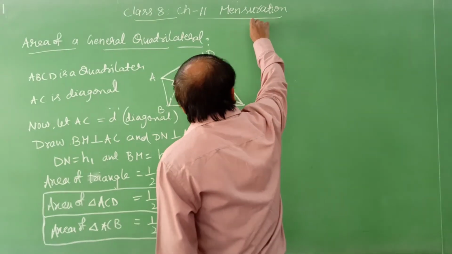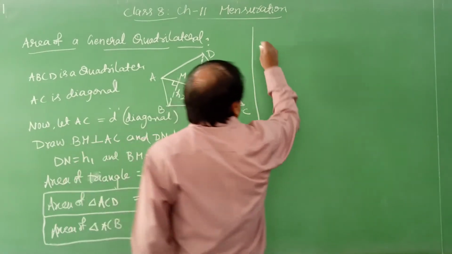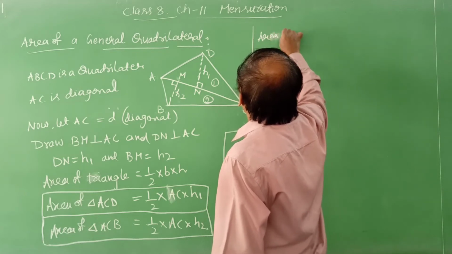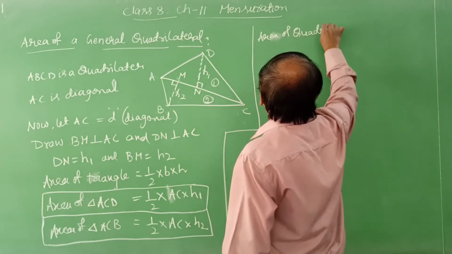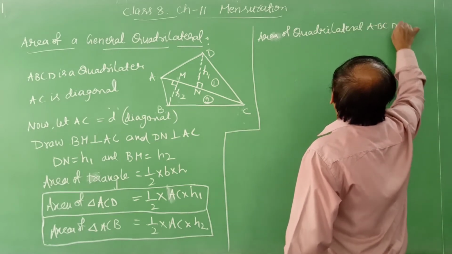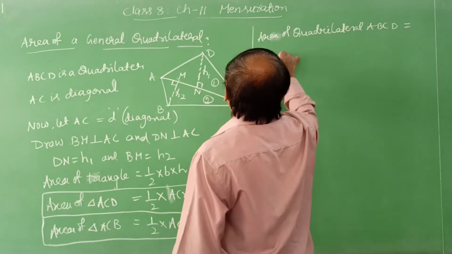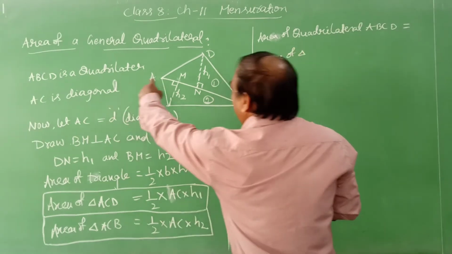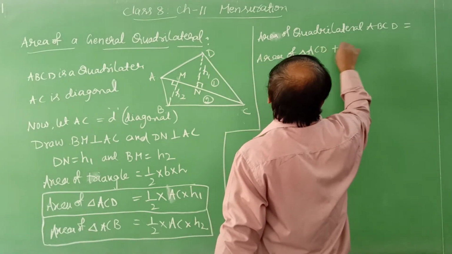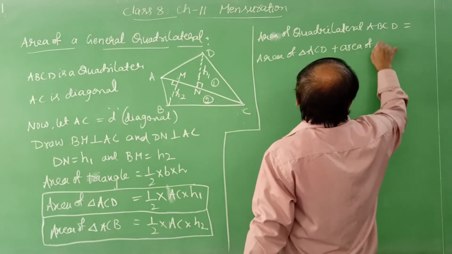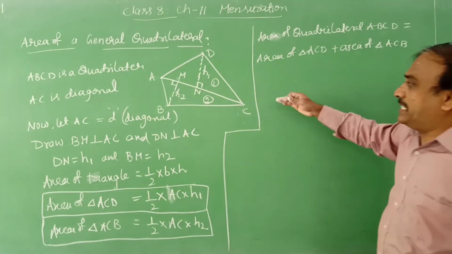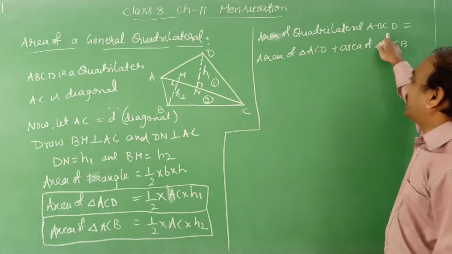So area of quadrilateral ABCD is equal to the area of triangle ACD plus the area of triangle ACB together.